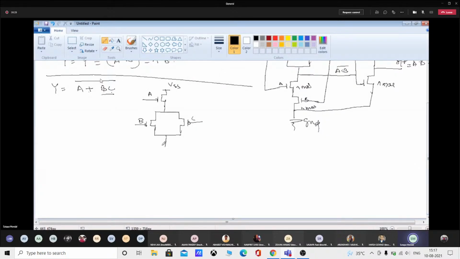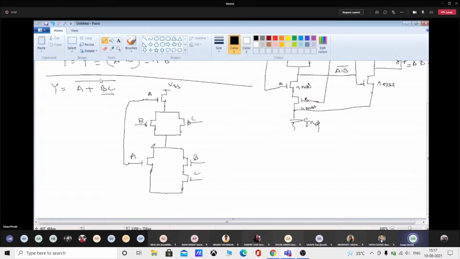A will be parallel with this, this is the BC. So this is B, this is C, this is A. So it will be connected like this.